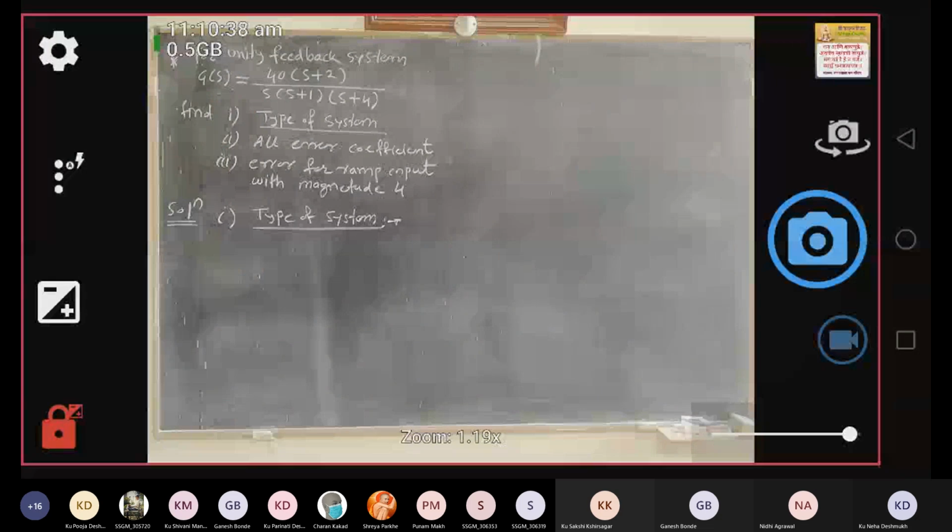For the type of the system, what parameter do we have to identify in the transfer function? What will be the first step?